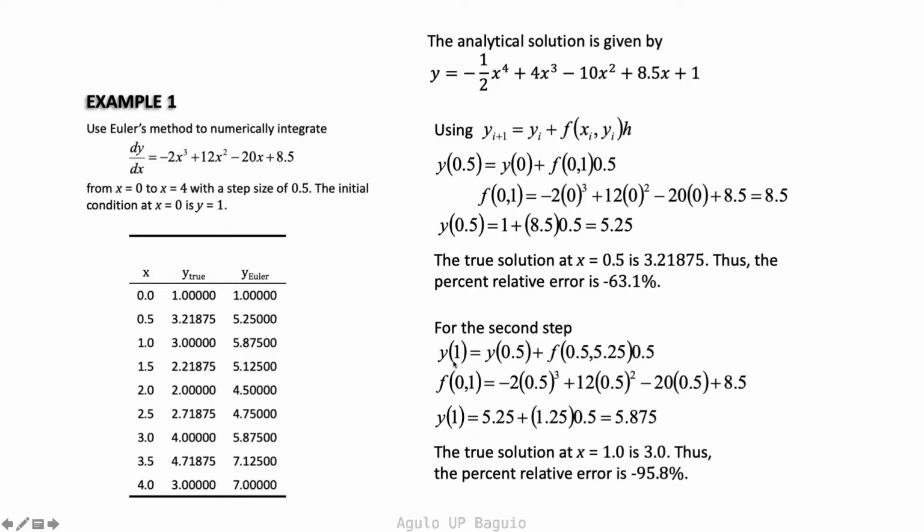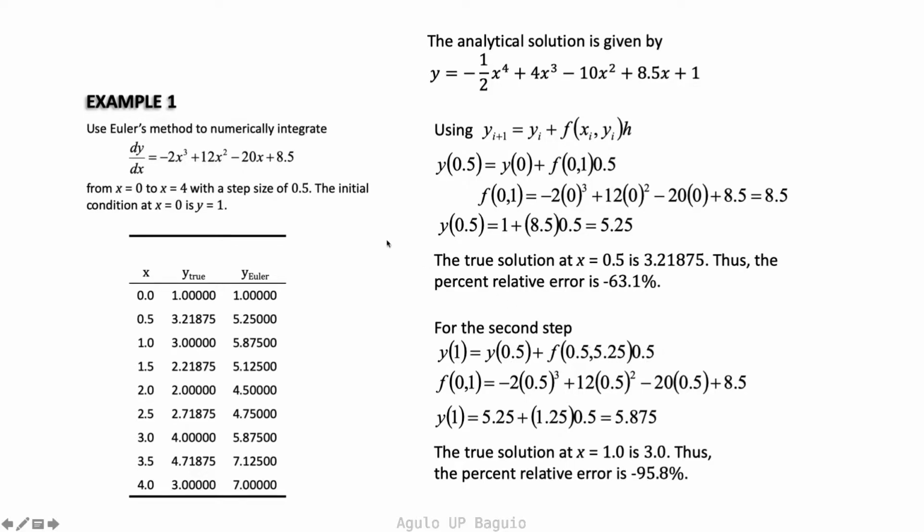So for the second step, we have y at x equals 1 equals y at x equals 0.5 plus f. Now we can use x equals 0.5, and at x equals 0.5 we have y equals 5.25, and that's what we have here. Then of course we multiply that by h.